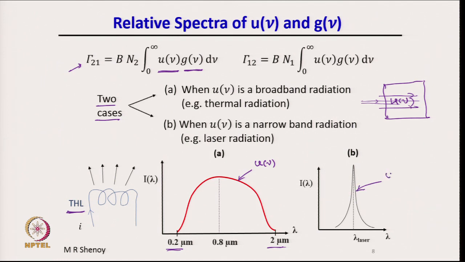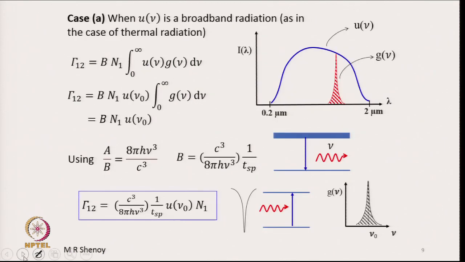This is also u nu, the second case, but this is for a laser, and this is for white light or an LED, a broadband source. So, if we categorize these, then we can simplify the integration and the discussion. So, let us see this.